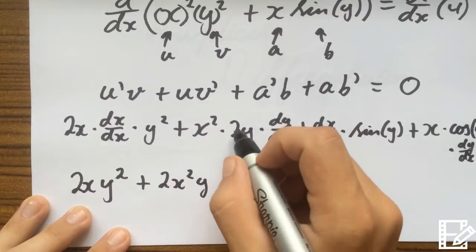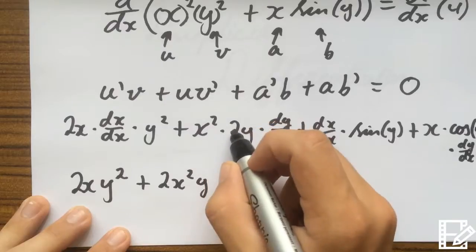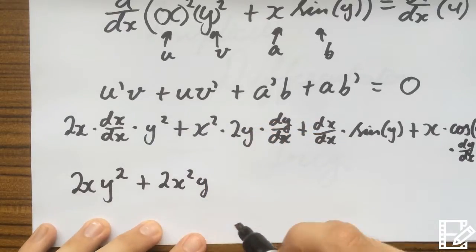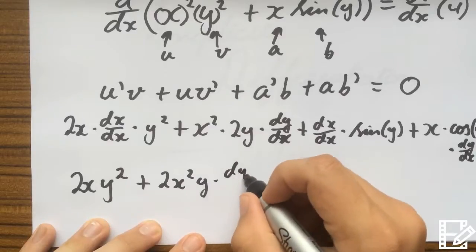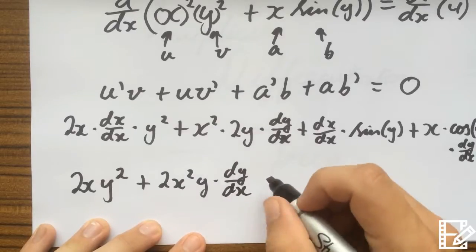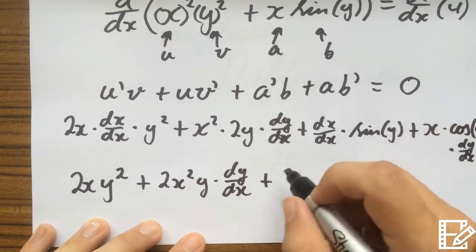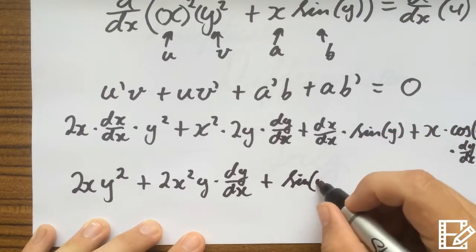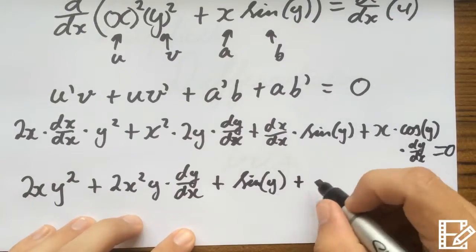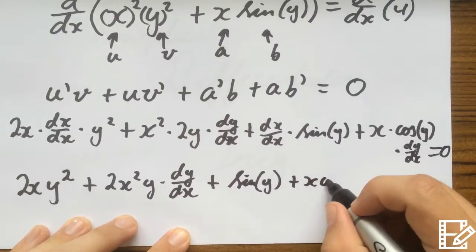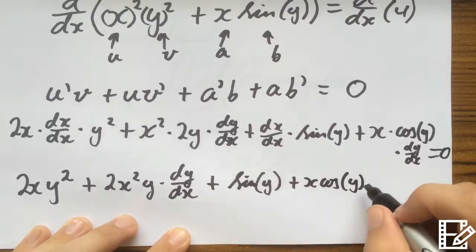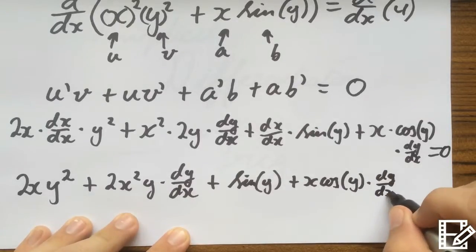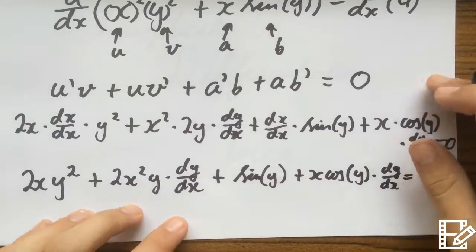I'm not doing anything tricky, it's still x squared multiplied by 2 multiplied by y, so I can rearrange it however I like, as long as they're multiplied together. And then I'm going to separate the dy and dx. Plus it's just going to be sine y, because 1 multiplied by sine y is sine y, plus x cos y multiplied by dy dx equals 0.